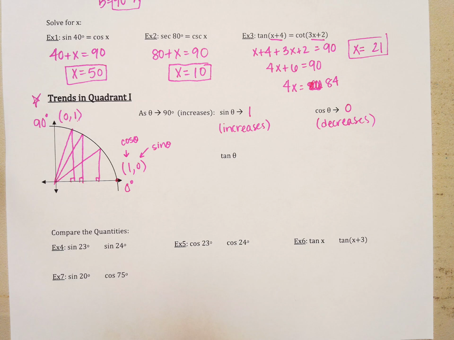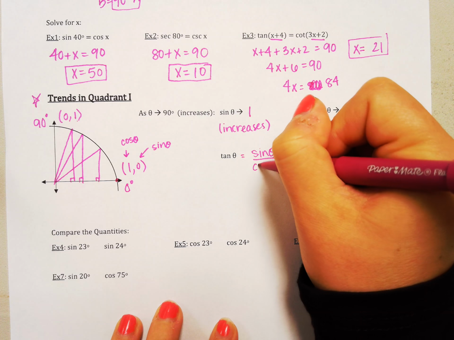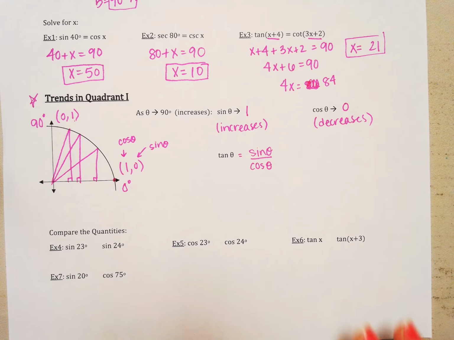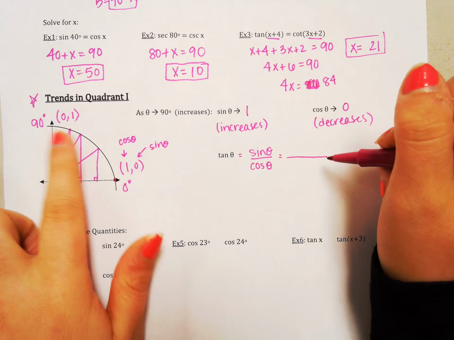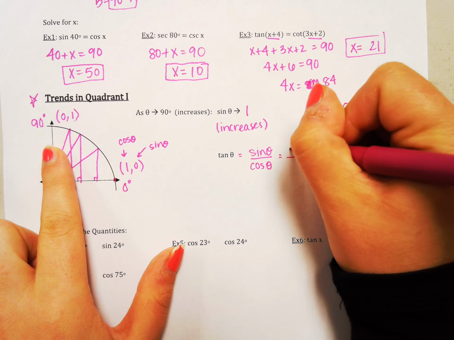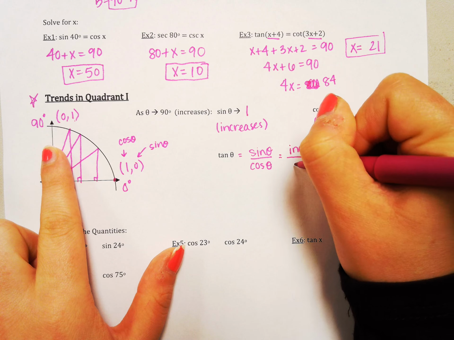What about tangent? Because tangent's a ratio. Tangent, again, is something we've looked at as a quotient of sine and cosine. So thinking about whether that is going to increase or decrease, as I'm going forward to 90 degrees, I have something that's increasing over something that's decreasing.